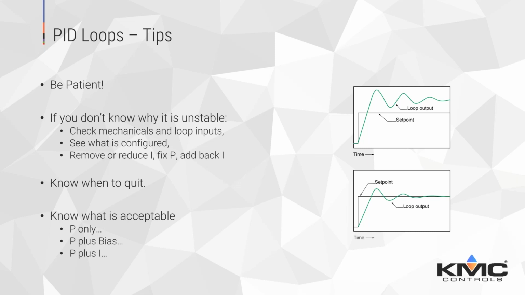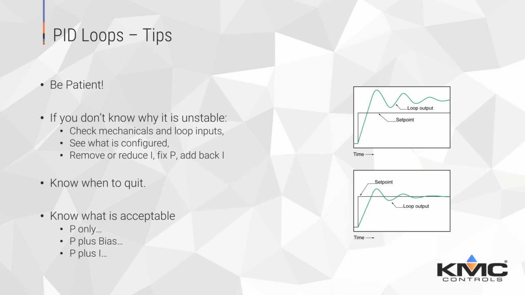If I have an unstable loop and I have proportional and integral both in the loop object, the first thing I'm going to do is either remove or very much reduce the I. I want to tune that proportional constant and then add back the I and tune that. It's very hard to tune both terms at the same time, if not impossible.